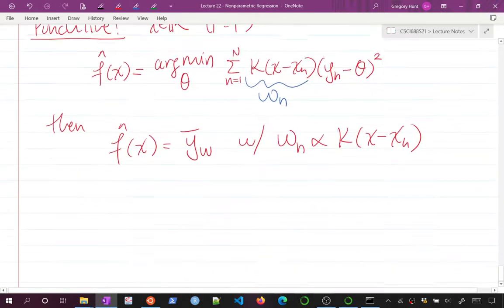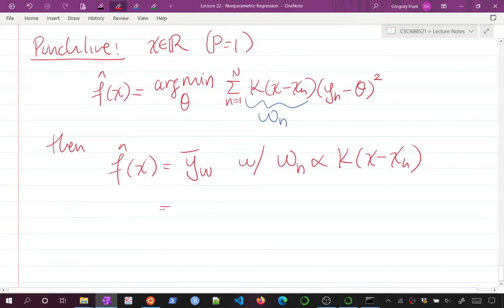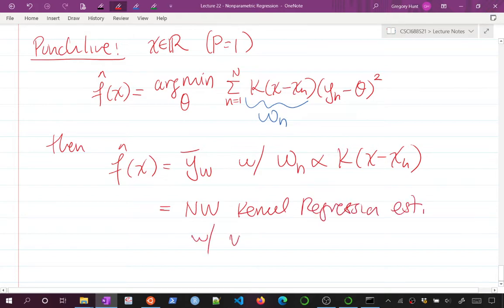And this is exactly the same problem, i.e. this is the NW kernel regression estimator, with Wn, depending on the particular value of x, being proportional to this kernel of x minus xn, i.e. this closeness metric.